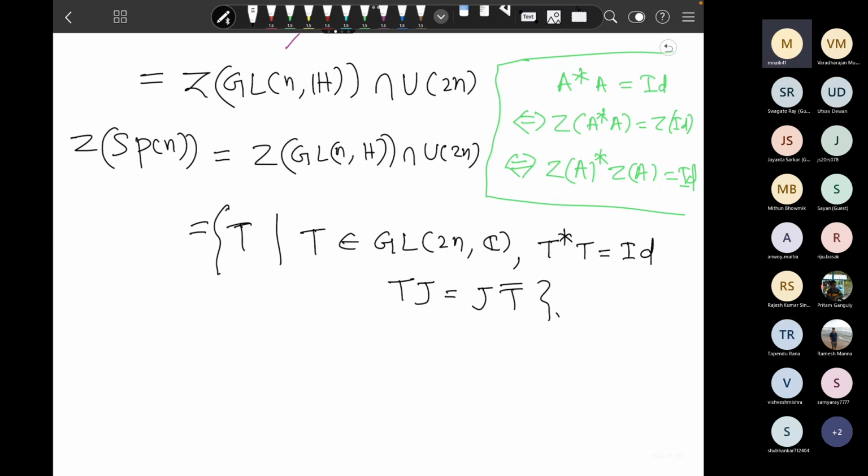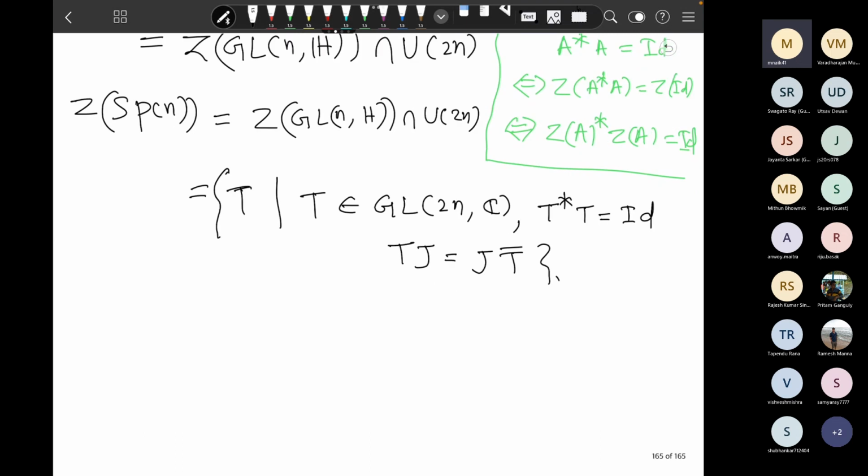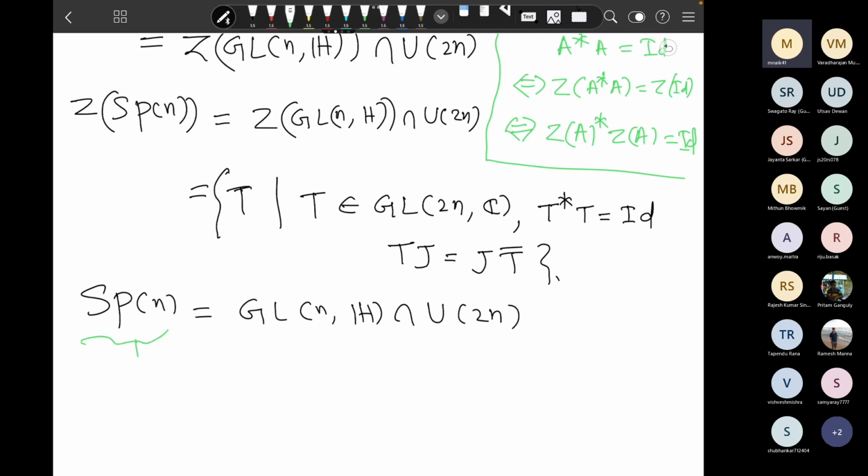Now, as I said, I do not really want to write Z everywhere, so I will remove that. So Sp(n) is GL(n,H) intersection U(2n). Now this Sp(n) is connected.